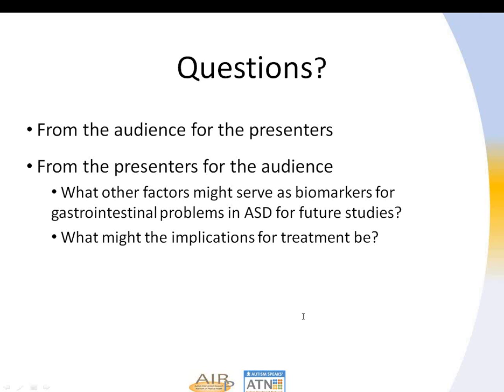So yeah, I can talk about that a little bit. I think one of the things that is emerging in the autism genetic and environmental risk factor literature is really quite rare risk factors that lead to a robust increase in risk.